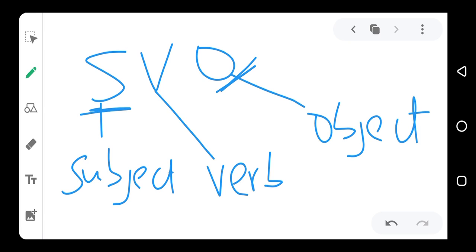So it is either coming before a verb or it is coming immediately after a verb in most sentences. That is not in all sentences. In most sentences, this is the order, following the SVO arrangement of words in a simple sentence.